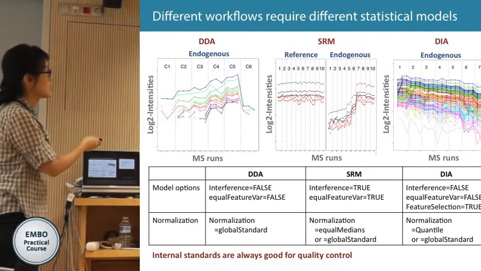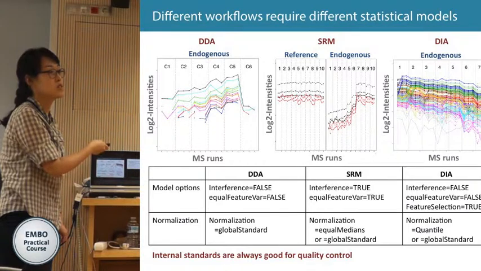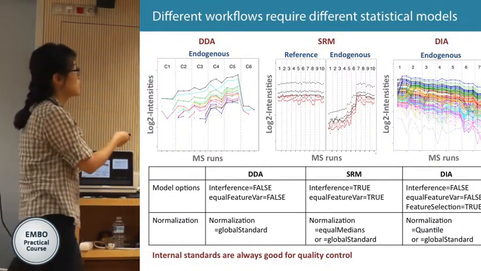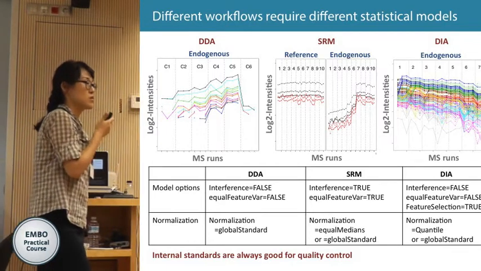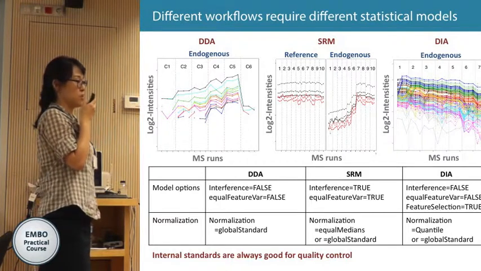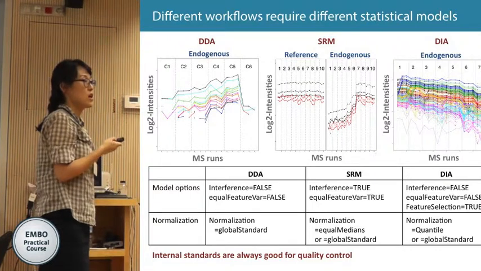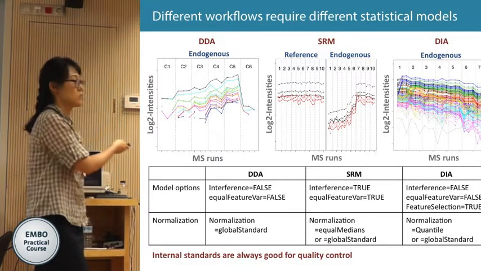And in each case, what option is the best for your analysis, and what normalization is recommended? For normalization, for DDA data, constant or quantile normalization is usually not suitable for the endogenous one. In these cases, you want to have a global standard, peptides or proteins.